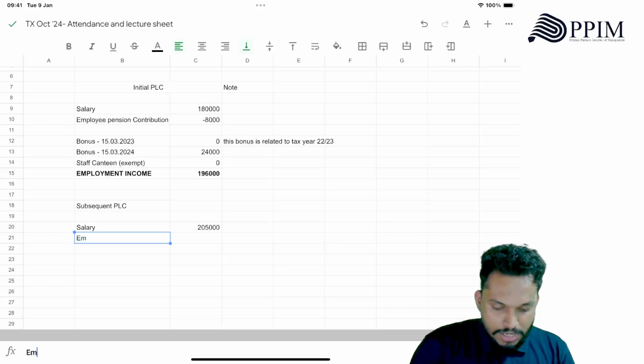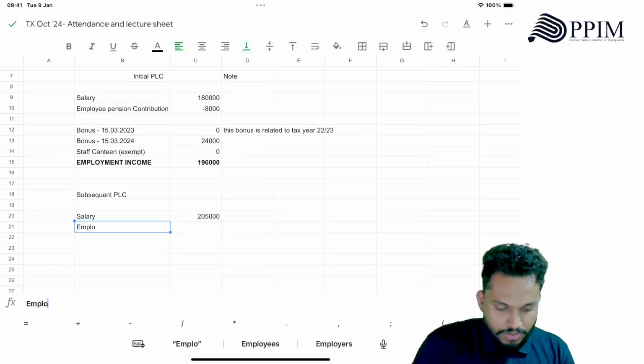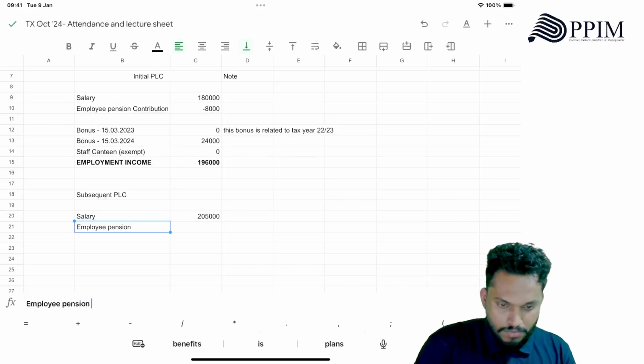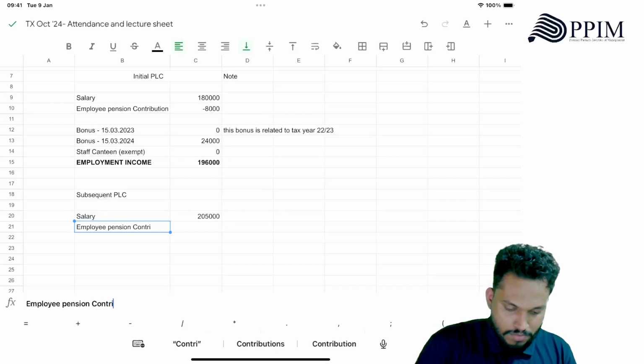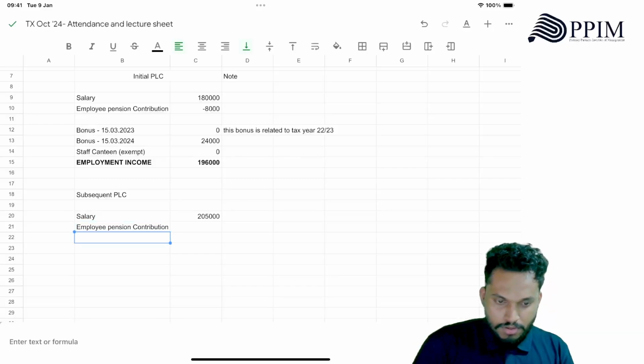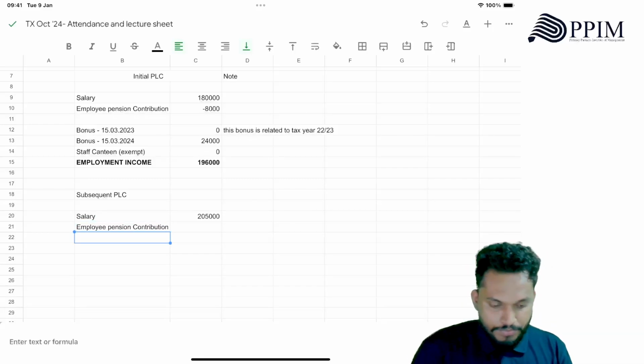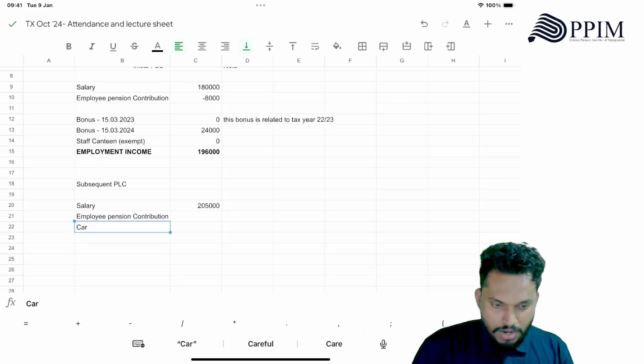Let me keep the pension scheme idle for the moment. So he is receiving a car benefit.